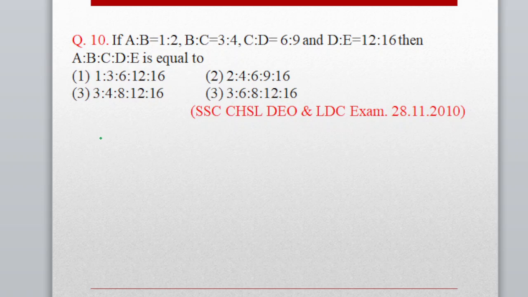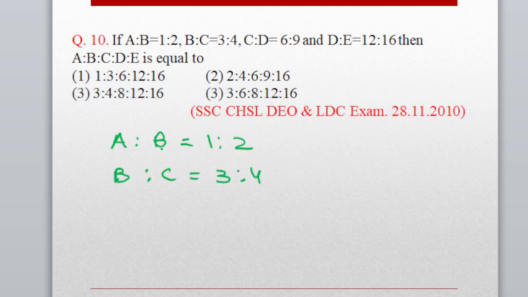Now here, listen, here it is given that A is to B is equal to 1 is to 2, and again B is to C is equal to 3 is to 4.